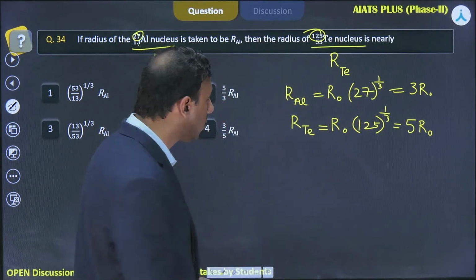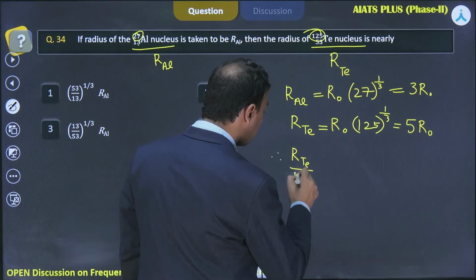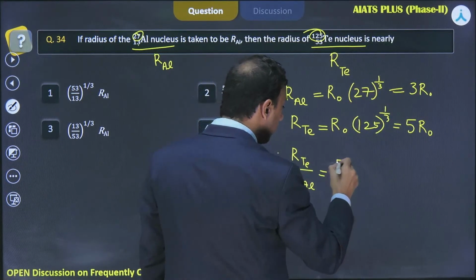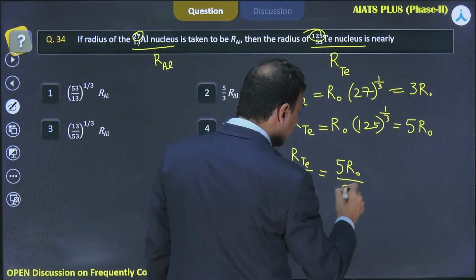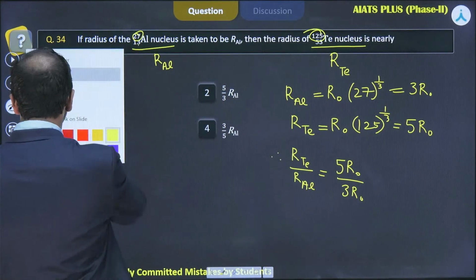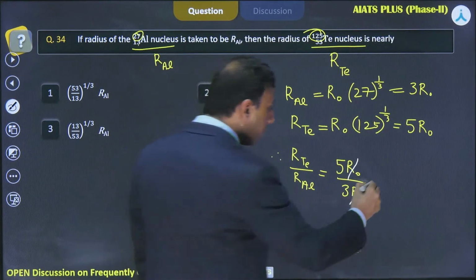So take the ratio now. R_Te by R aluminium is equal to this upon this, so 5 R naught by 3 R naught. R naught gets cancelled out. What remains is 5 by 3.